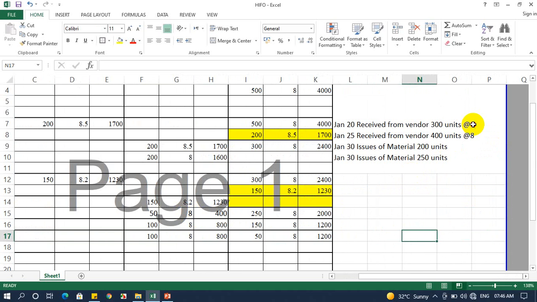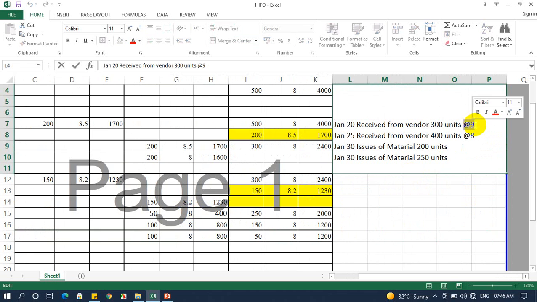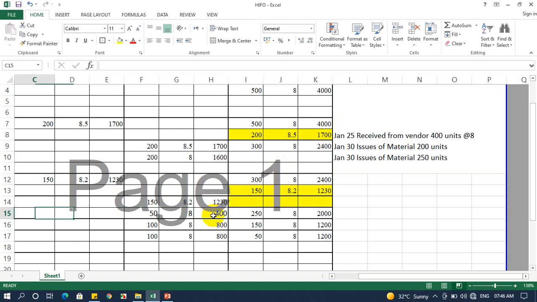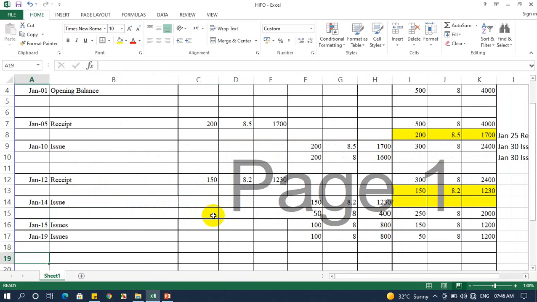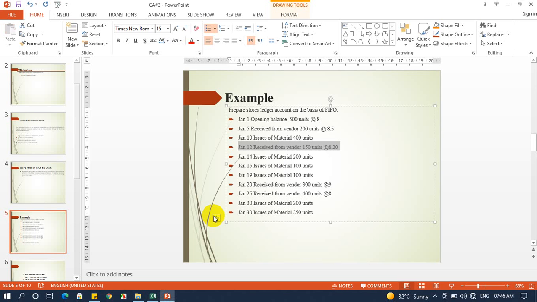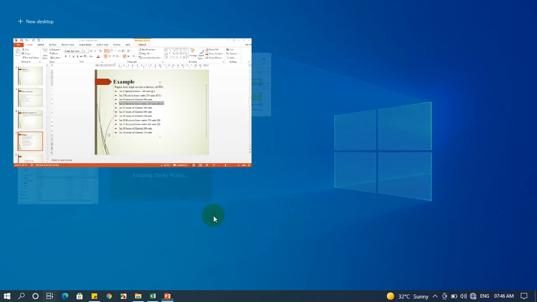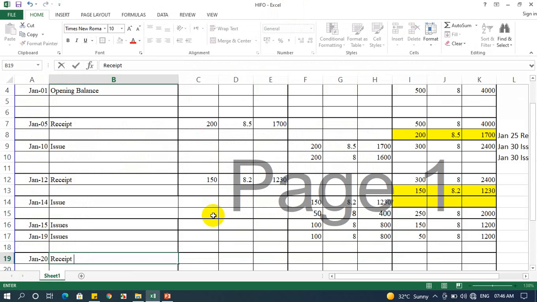right? Again on January 20 received 300 units at the rate of 9. So we are purchasing on January 20, receiving. So how many units did we receive? 300 units at the rate of 9, it will become 2700, right?